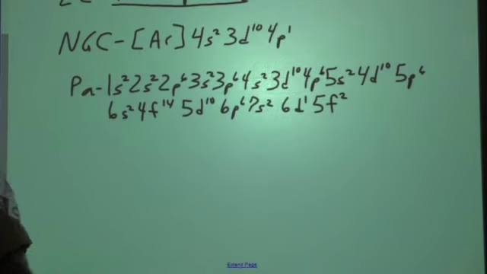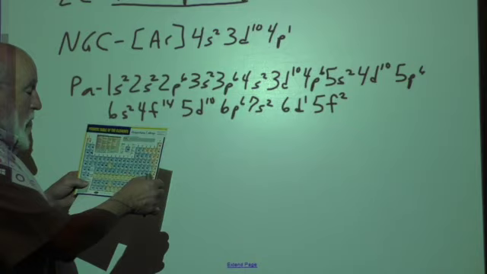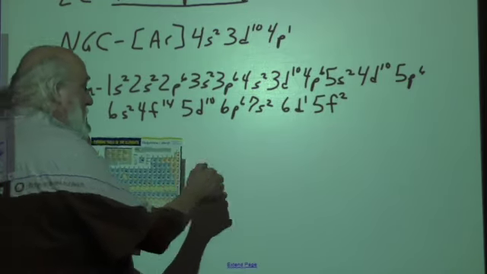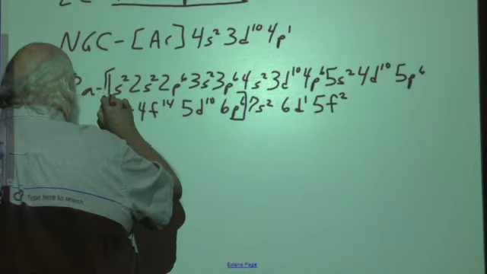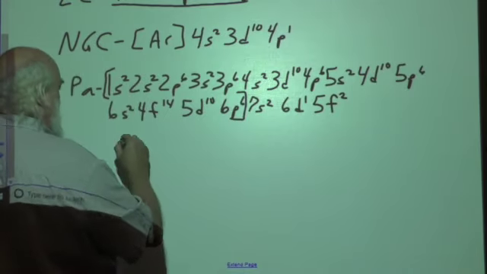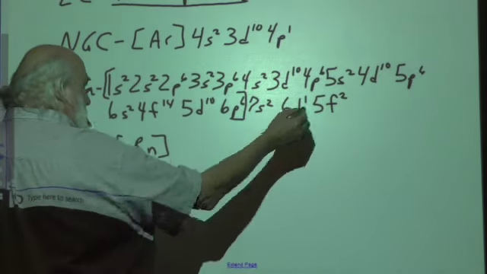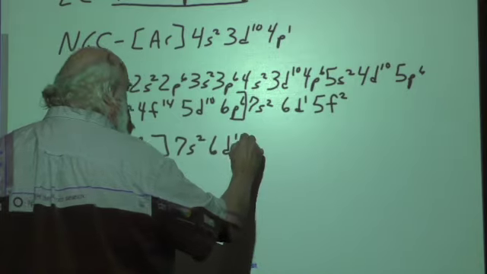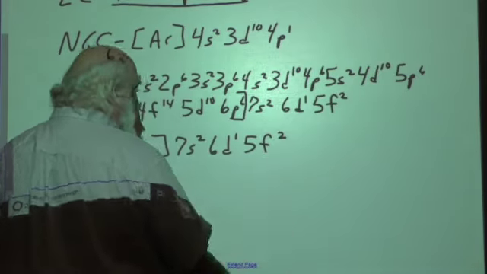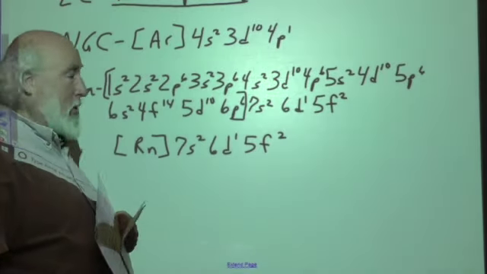Now, if I wanted to shorten that, using the last noble gas, that goes all the way up to 6p6. So this whole thing from here to here can be scrunched into Rn. And then everything else after it, 7s2, 6d1, 5f2 follows. Pretty nice, isn't it?